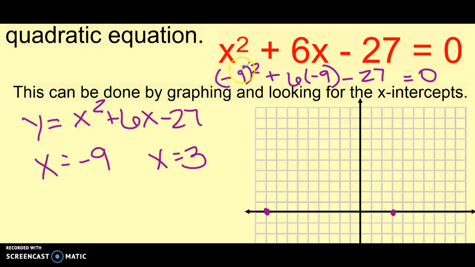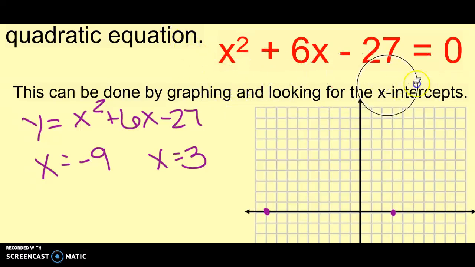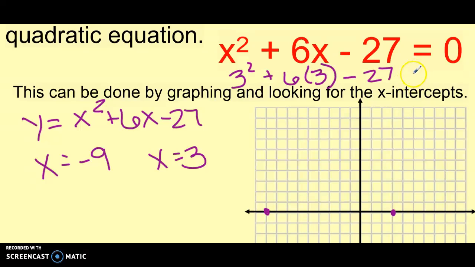Because this is going to turn into a positive 81, this is going to be -54, and this is -27. All right, and if you plug in positive 3, that's going to work also. So you've got 3 squared plus 6 times 3 minus 27. So once you work that out, it should also equal 0.